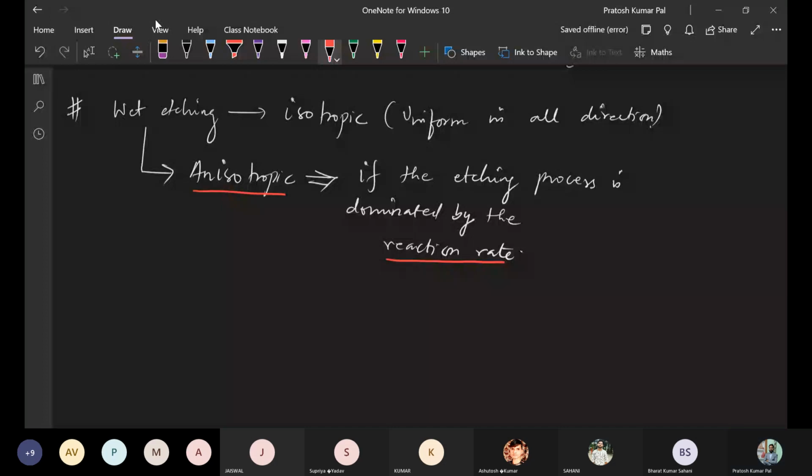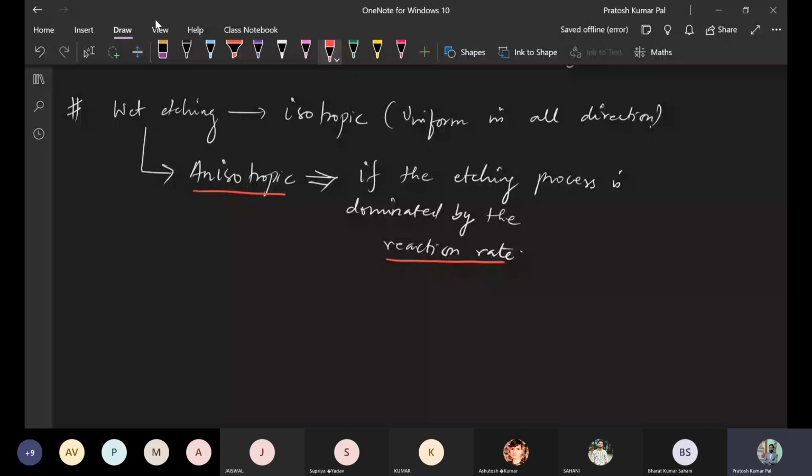The etching process that will be done on that crystalline or amorphous type of crystal, in both the cases, the type of etching will be isotropic, or call it uniform. Uniform in all the axes. Okay.